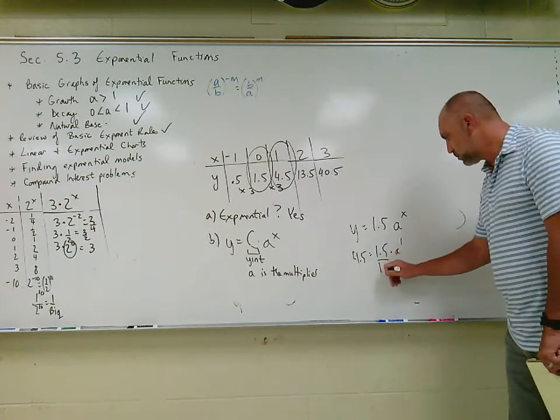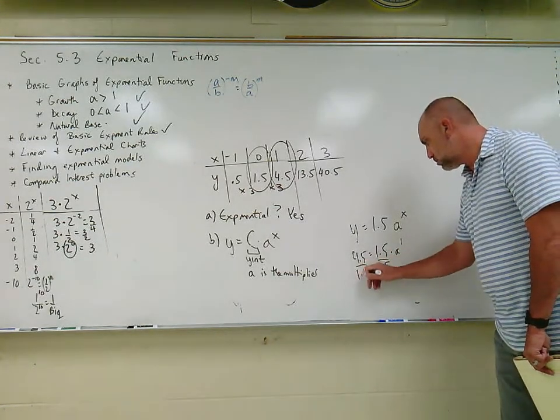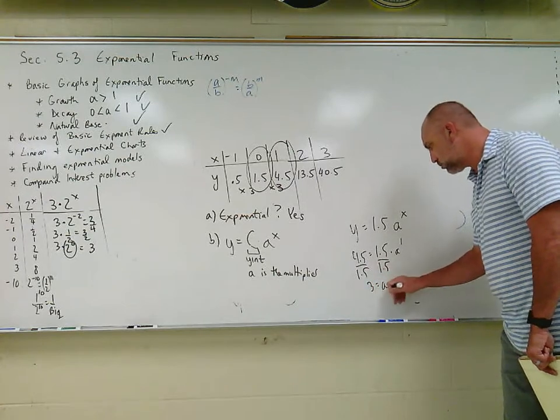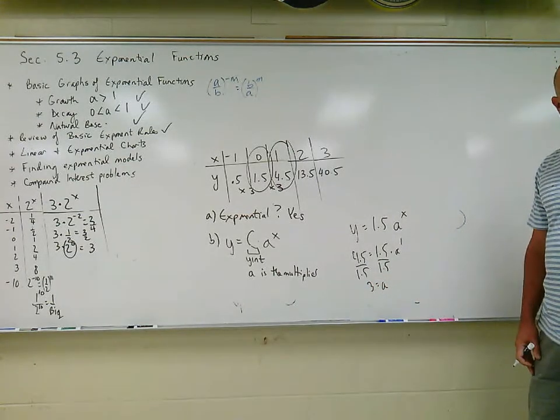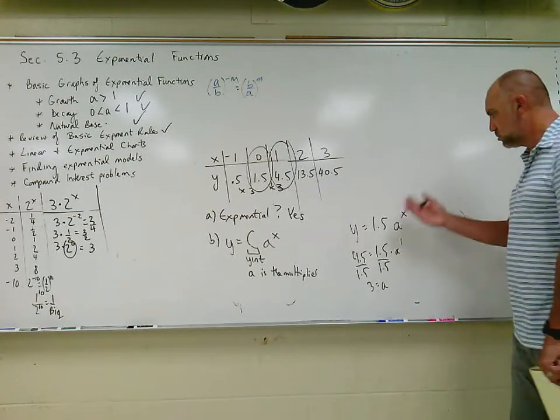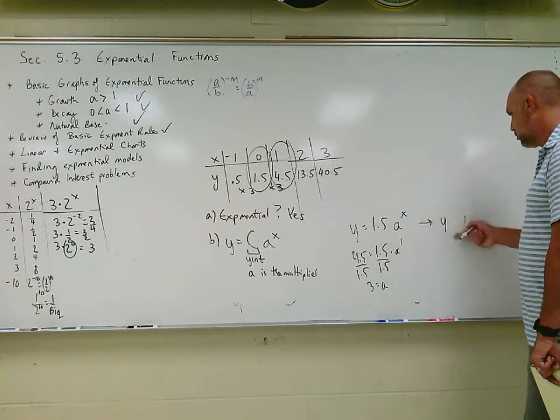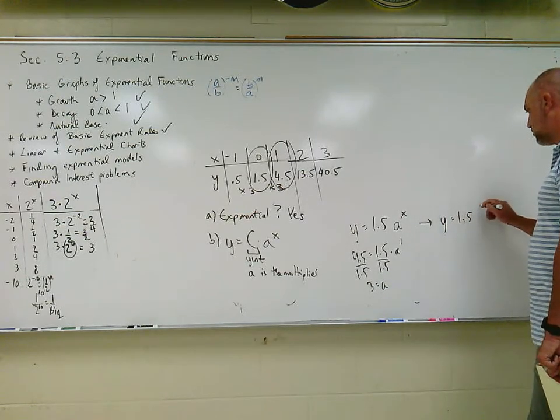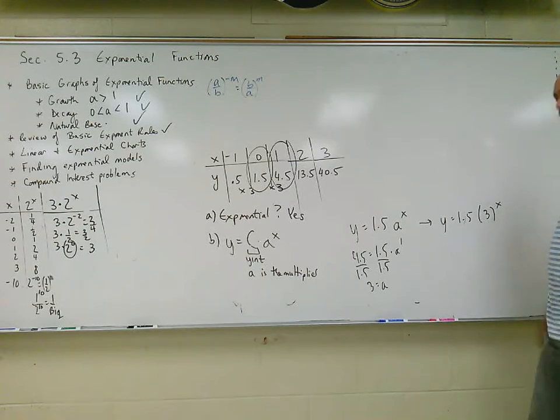Divide. And you get a is 3. There you go. So now you know the equation. The y-intercept is 1.5, the multiplier is 3, and then you have your exponential equation. We'll do another one like this in just a second.